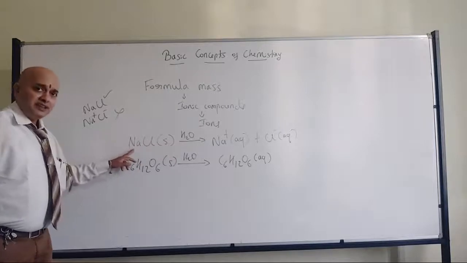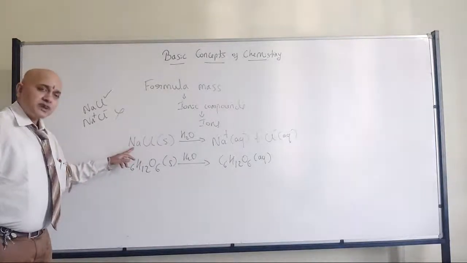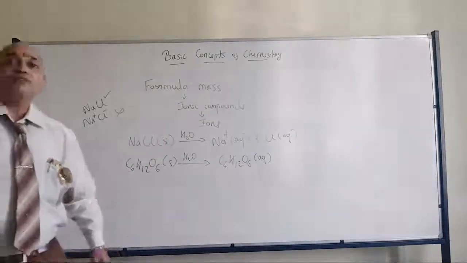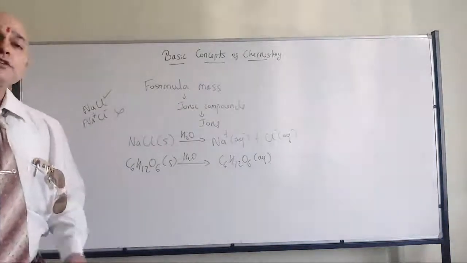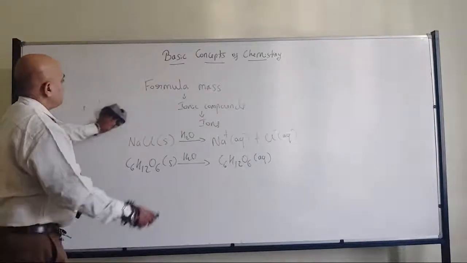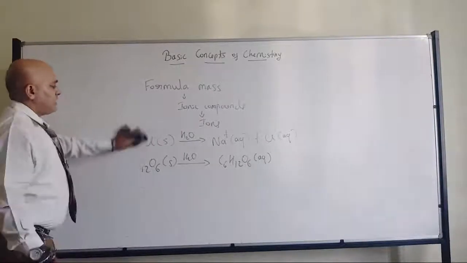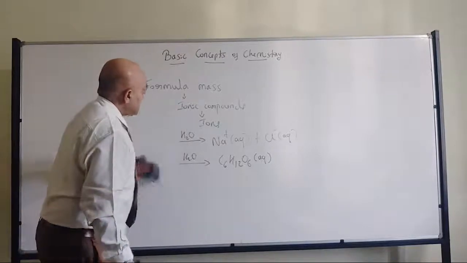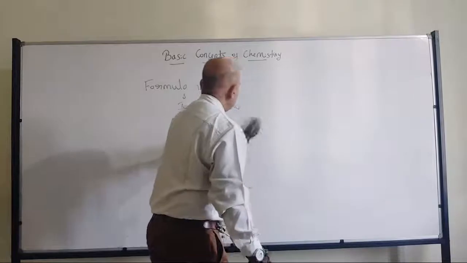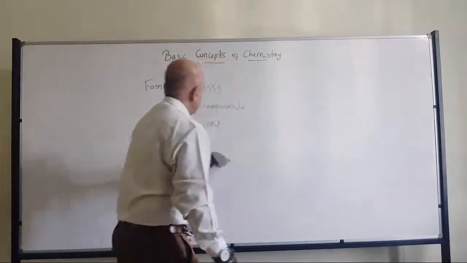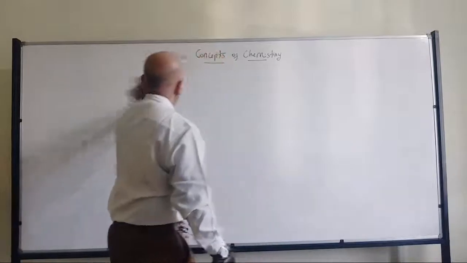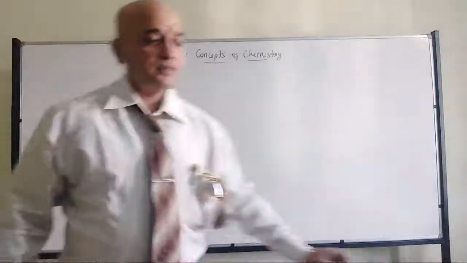We have to take 23, that is the atomic mass of sodium, and 35.5, the atomic mass of chlorine. So we get the molar mass of NaCl, which can be called formula mass, because NaCl, since it is an ionic compound, will get dissociated under aqueous condition. Fine? It will not remain as NaCl.